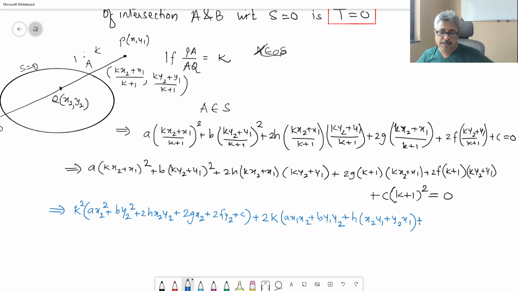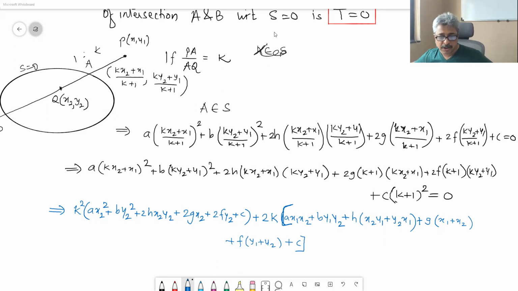Plus, as far as g is concerned, 2k into g times (x1 plus x2), plus f times (y1 plus y2), and 2k into c. That is the bracket complete. This is the coefficient of 2k.